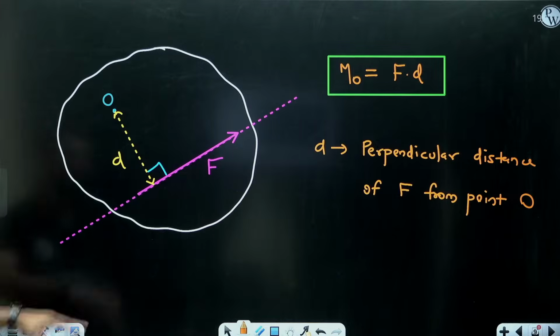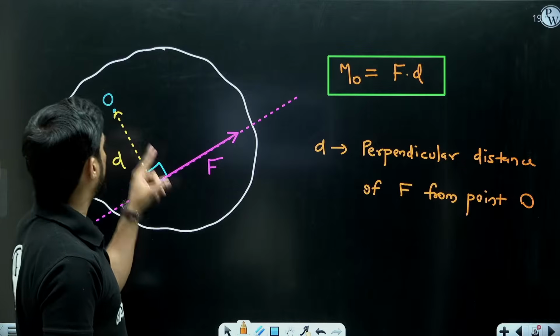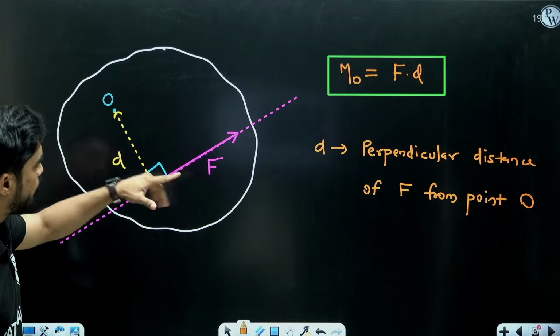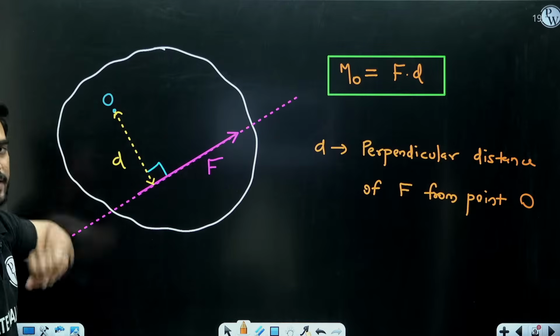If you want to calculate the moment of a force F about any point O, what you need to do? M will be equal to F multiplied by perpendicular distance.